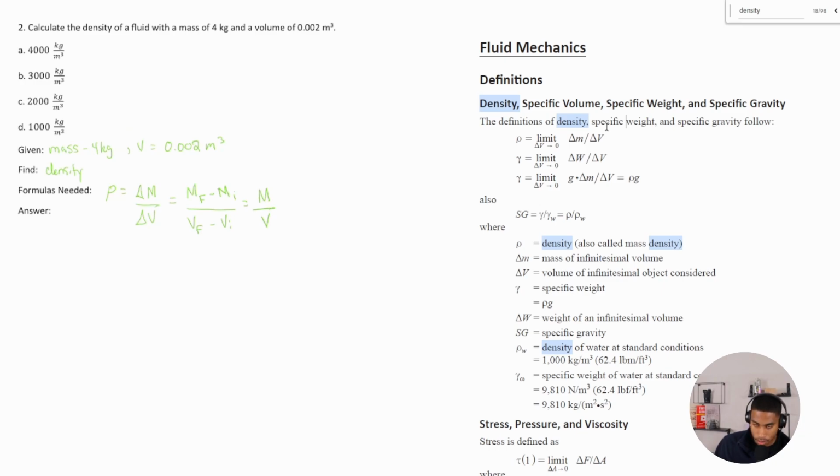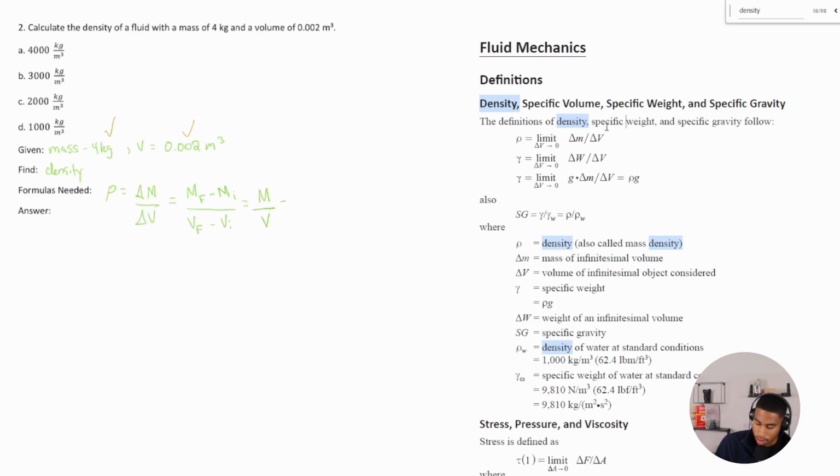Okay, so let's get started. So if we have mass, all right, 4 kilograms, we have volume 0.002. If we divide those, it looks like we'll have everything we need, and our answer is in kilograms over meters cubed, which is perfect.